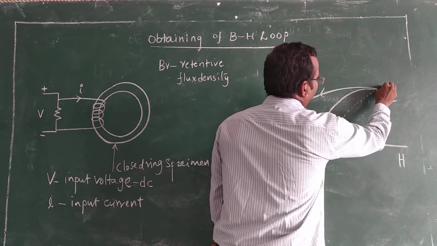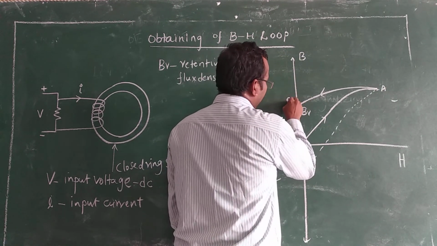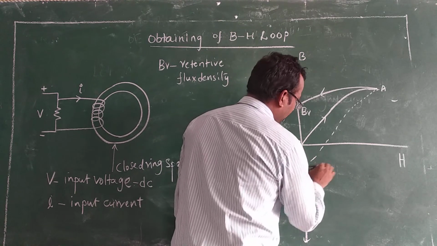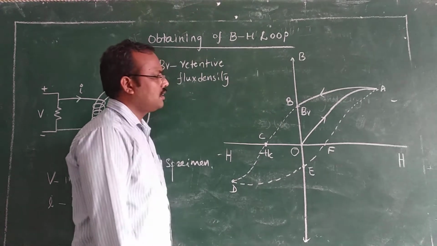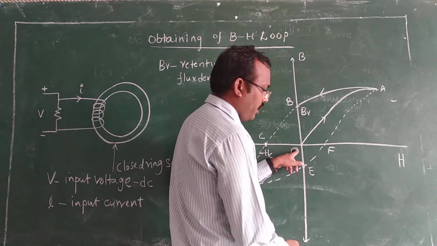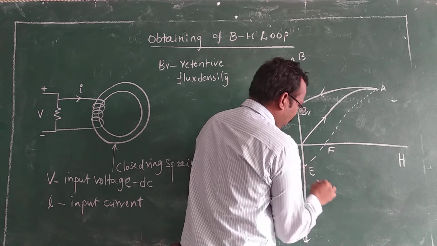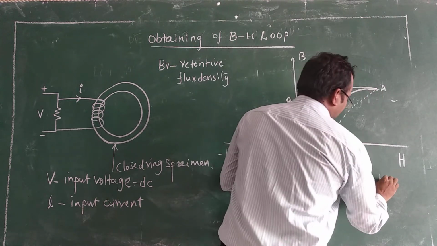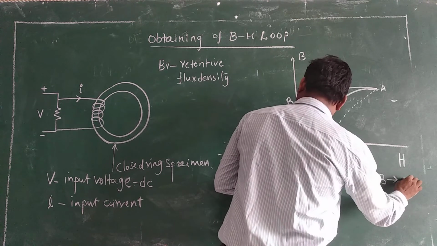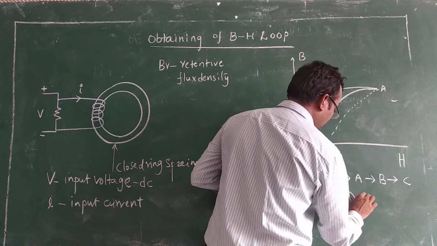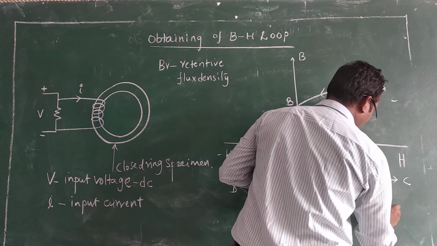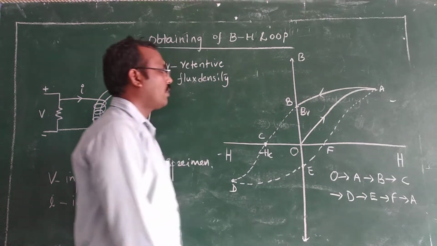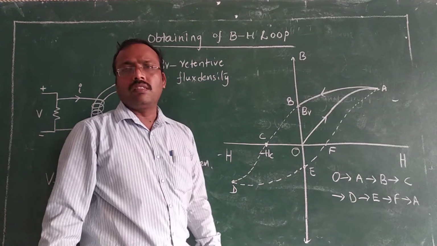This is point A, point B, point C, point D, point E, F. For one cycle, the flux density starts from O, then A, then B, then C, then D, then E, and finally reaches F and E. So this is one complete cycle of the BH loop.